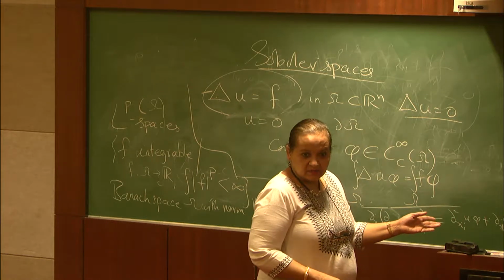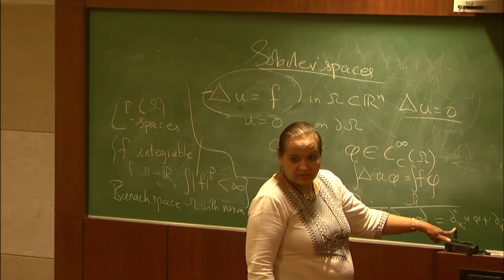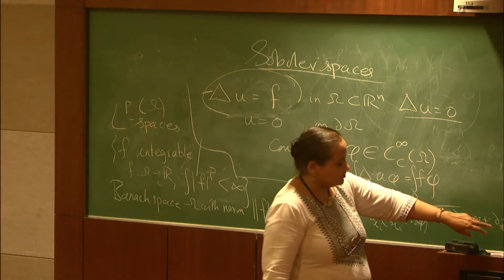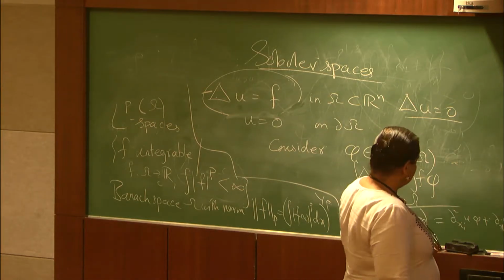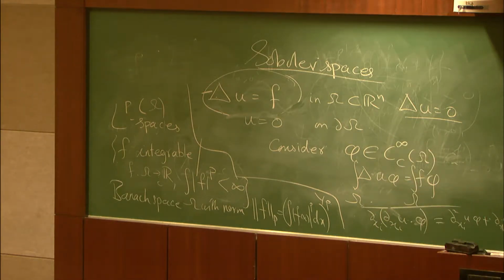That's all. Right? So if I sum over i, it is going to be my Laplacian. So this is going to be this minus this. Okay? So this is going to be the boundary term. Right?